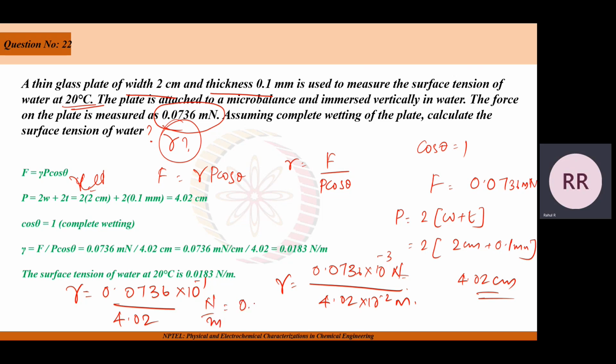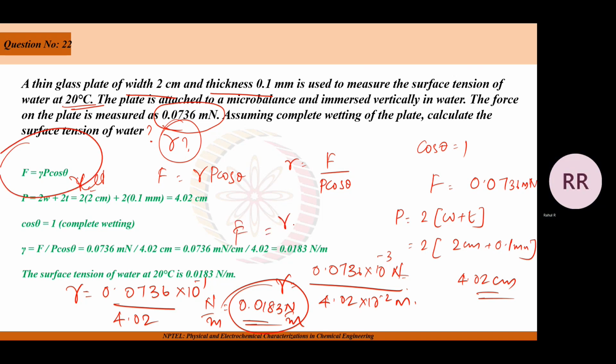Solving this, we get the value to be 0.0183 Newton per meter. So the formula that one must use is F = gamma P cos theta. Okay, I hope you were able to solve this question. Now let us move to the next.